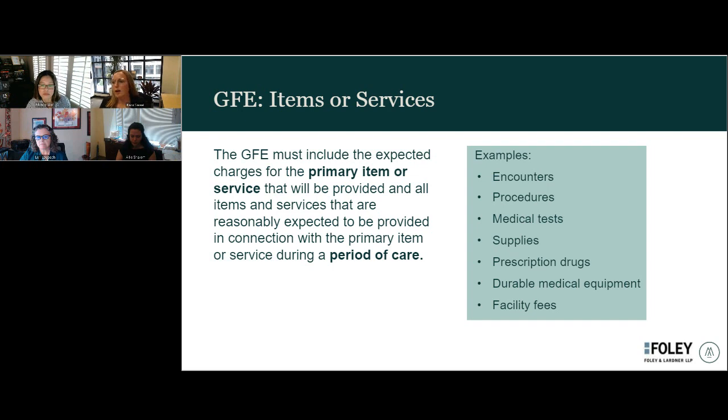One thing I'd like to point out is there are requirements between convening providers, which is the provider that is asked for the scheduling, versus co-providers who are providing services in conjunction with the convening provider. There are requirements for communication between these two for creating the good faith estimate, but there's enforcement discretion through the end of the year.